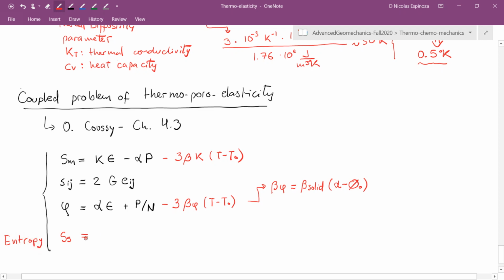And this is going to be our equation for material balance that accounts for the heat. The entropy is going to be equal to the initial entropy plus two more terms that are going to depend on the volumetric strain and also on the pressure of the fluid and on the heat capacity.